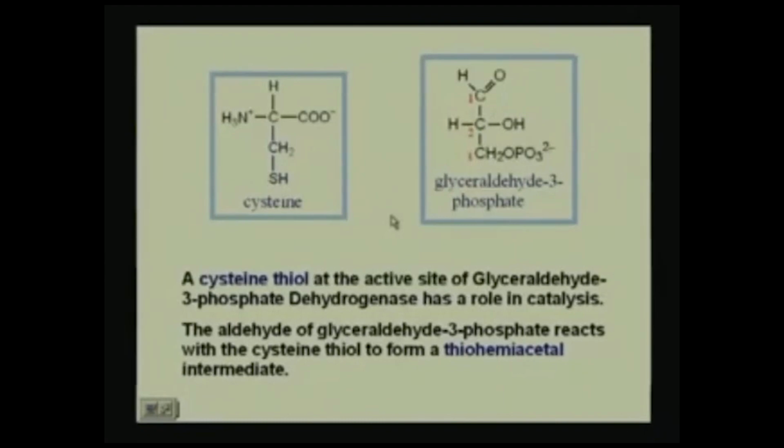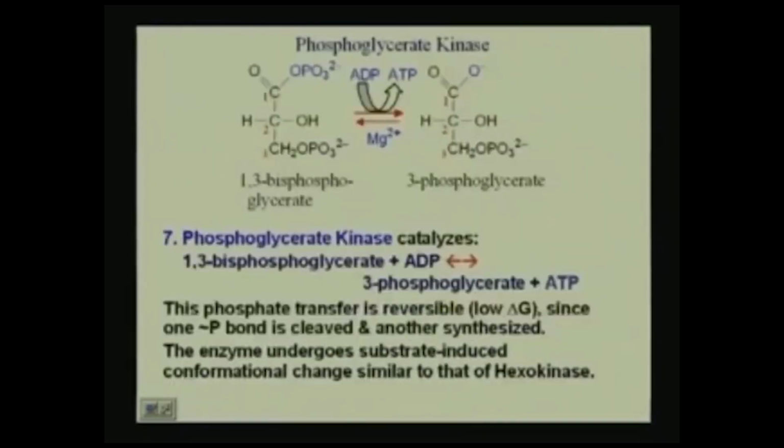In this formation, the enzyme glyceraldehyde 3-phosphate dehydrogenase utilizes a cysteine thiol to bring about the reaction. In the next step, we lose the phosphate to ADP, which produces ATP: 1,3-bisphosphoglycerate plus ADP go to 3-phosphoglycerate plus ATP.